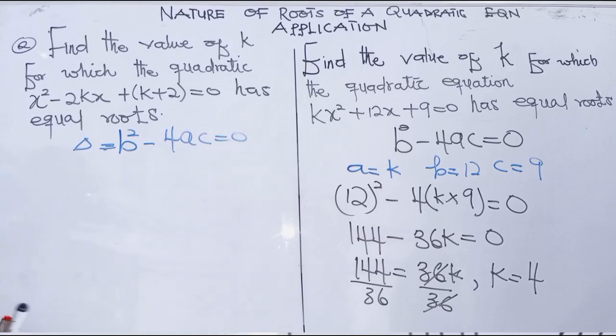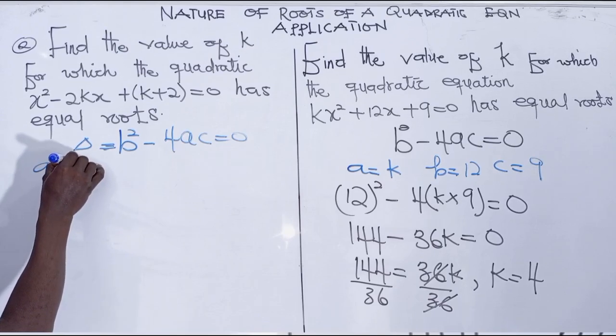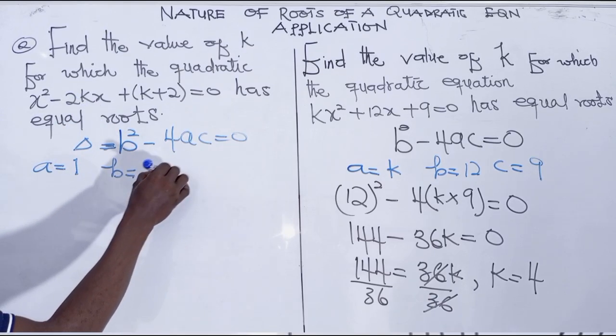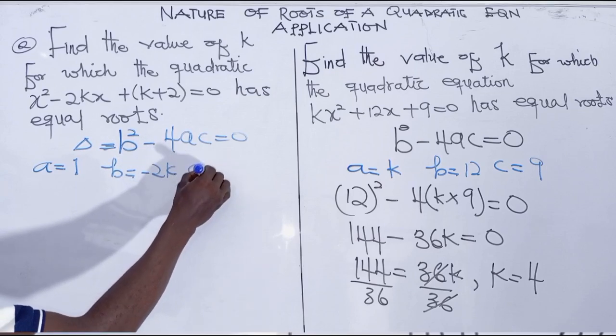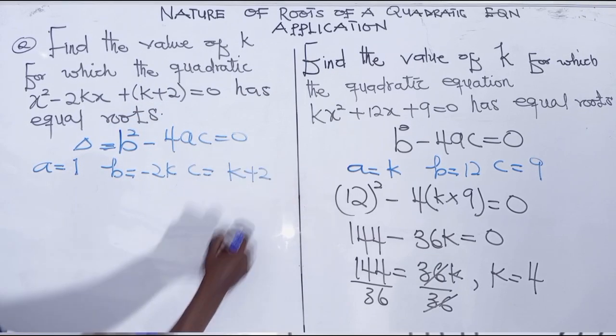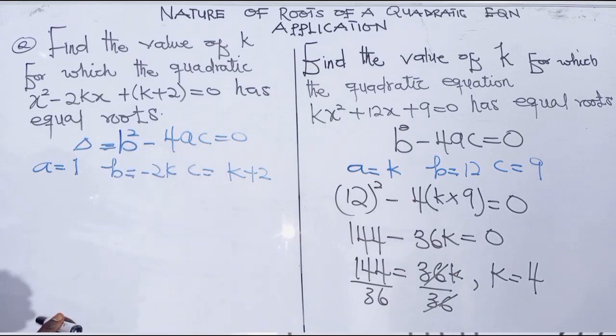So we have to identify our a, our b, and c from the quadratic equation. So from here, we can say that our a is the coefficient of x squared, which is 1. Our b is the coefficient of x, which is what? Minus 2k. And then our c is the constant, which is what? k plus 2.